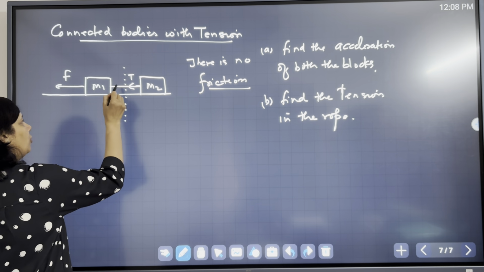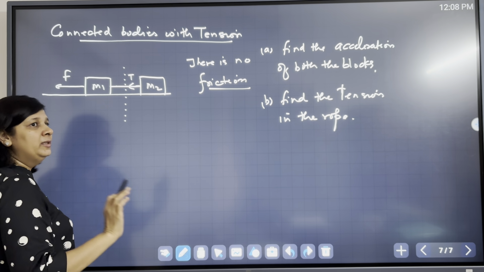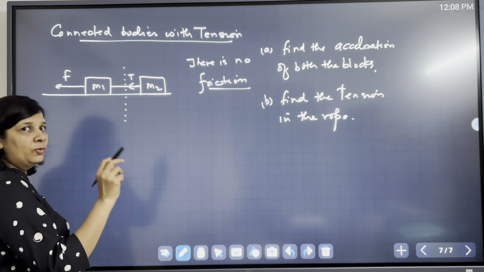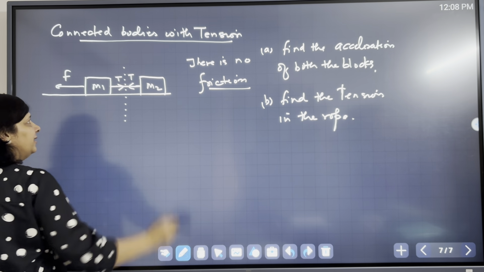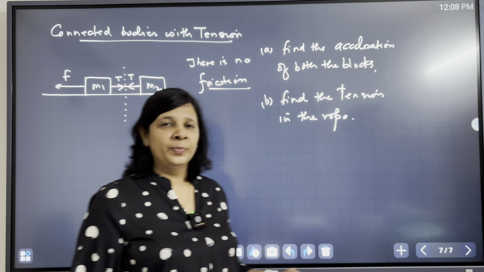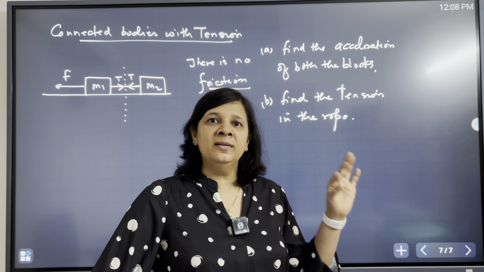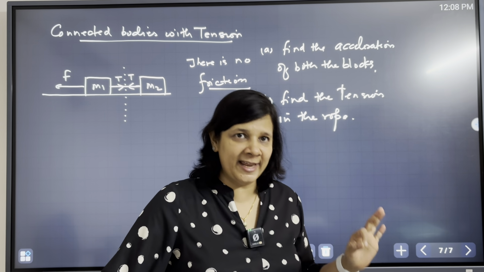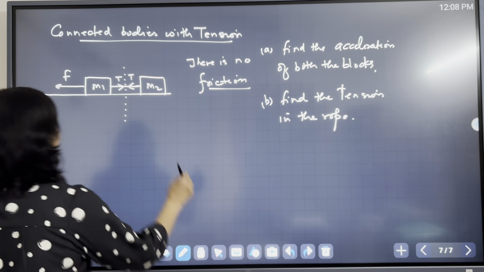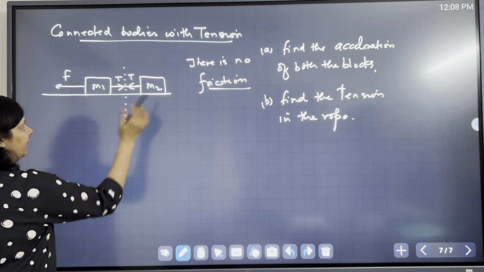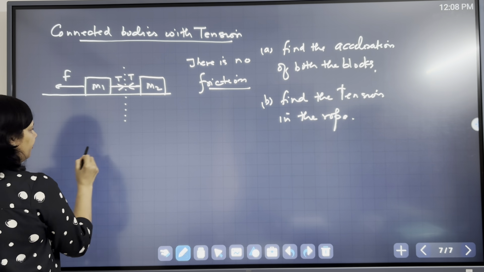Now, when rope is there, M1 will be pulled slow. It means rope is pulling M1 towards right. This is the first thing which you have to do. You have to draw the arrows for tension, the direction for tension. It's a force, it's a vector quantity, right? Now, here again you can make the free body diagram.